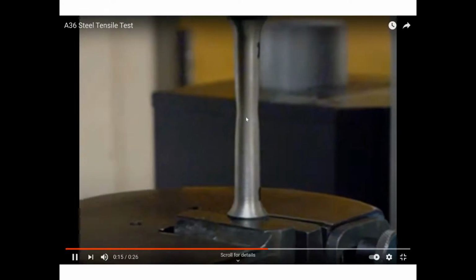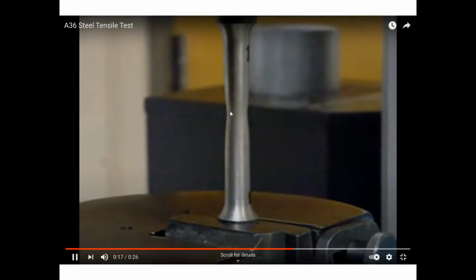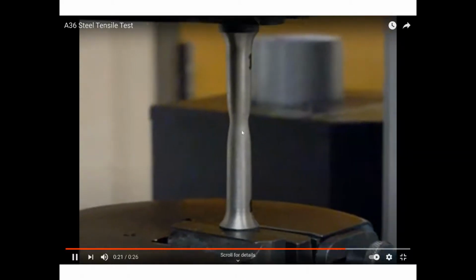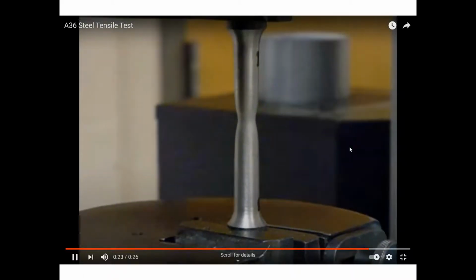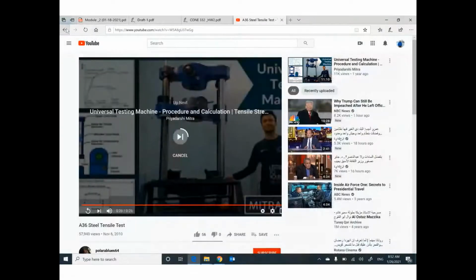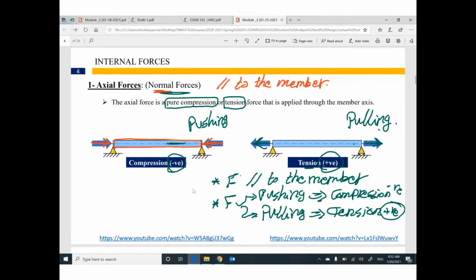Can you watch what's going on here? Neck deformation. And then fracture. One more.